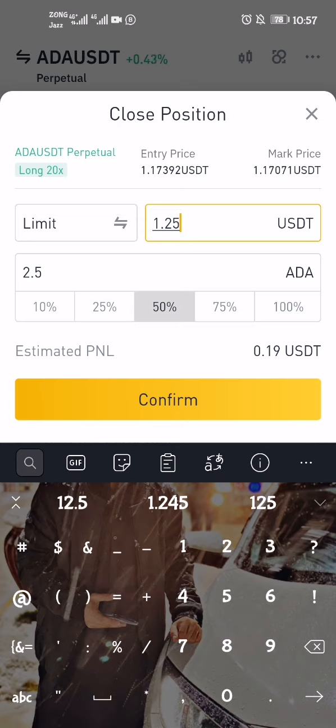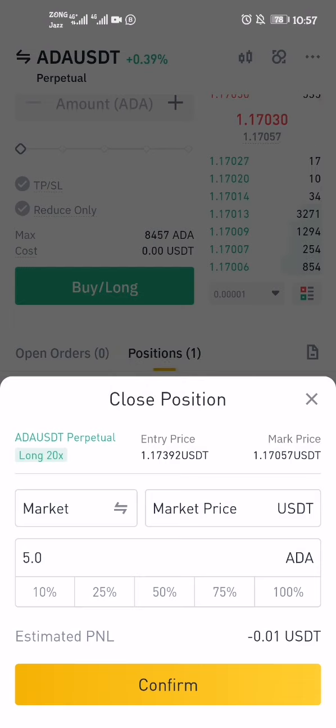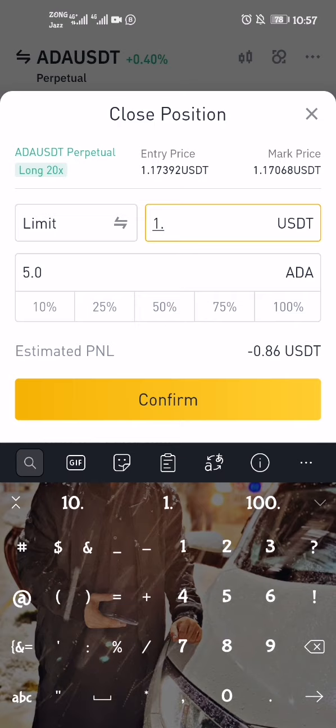Put one order here, and then after one order put another order. If you want to sell at market price, you can sell it anytime at the market price. And now it's the second order, so you can put as many TPs as you want.